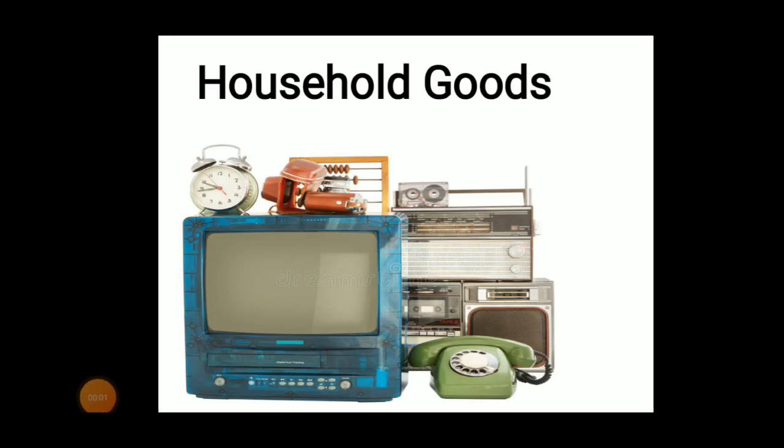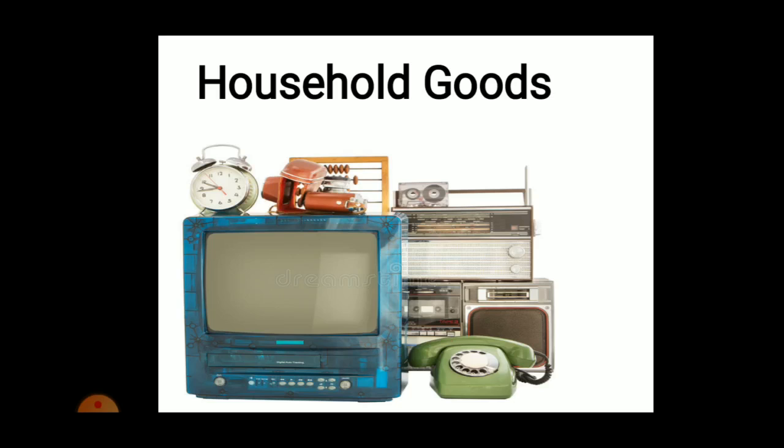Household goods. What are household goods? The goods that are found in a house permanently are called household goods. Household goods are furniture, kitchenware, clothes, towels, beddings, books and electronic goods.